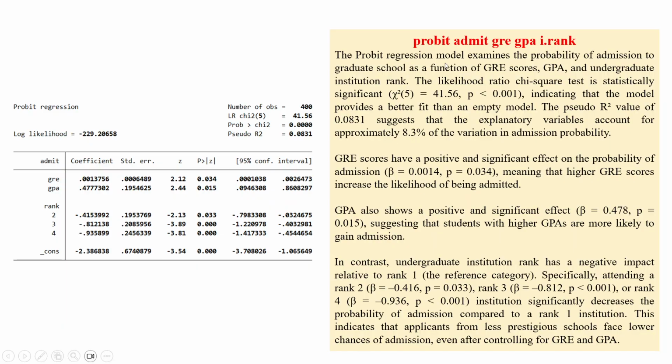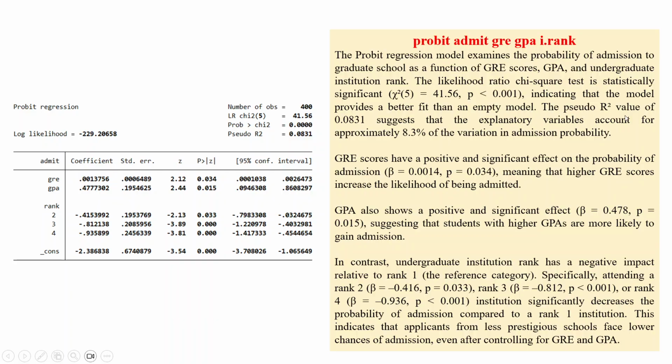The Probit regression model examines the probability of admission to graduate school as a function of GRE, GPA and the undergraduate institution rank. The likelihood ratio chi-square test is statistically significant. That is, the value is 41.56 and the p-value is less than 0.001, indicating that the model provides a better fit than an empty model.